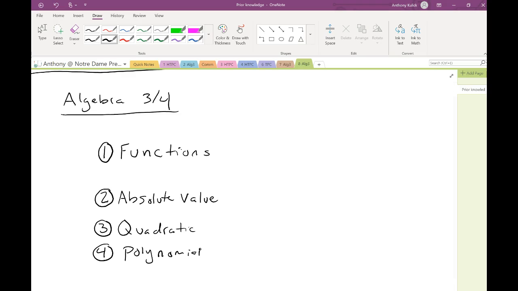A quadratic is a type of polynomial. So we'll start with the more specific case of the quadratic, and then we'll build out towards a more general situation, which is a polynomial. So remember, the quadratics, the biggest exponent on your variable is a 2. Polynomial, the biggest exponent on your variable can really be as large as you want, but it has to be a whole number. So you could have an x to the 10,000 in a polynomial.